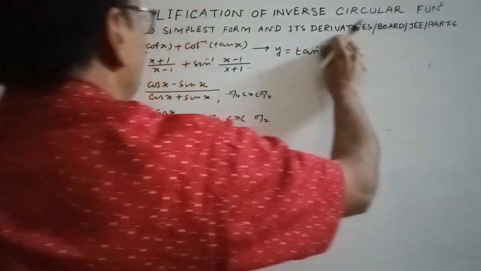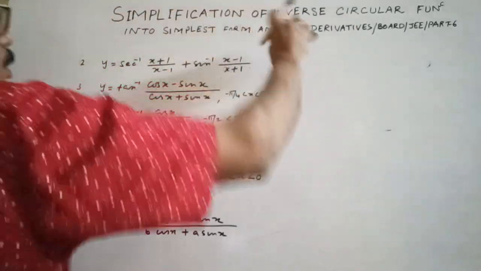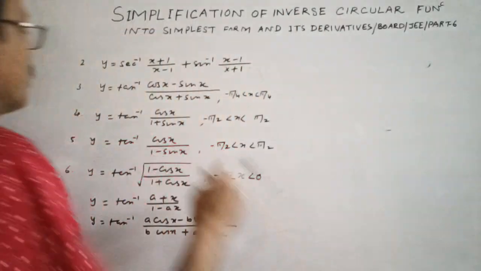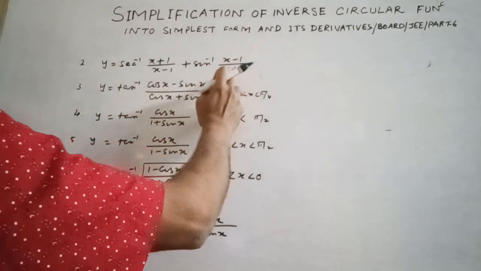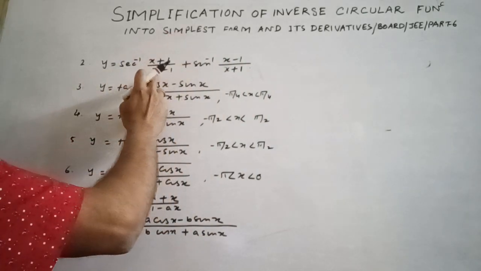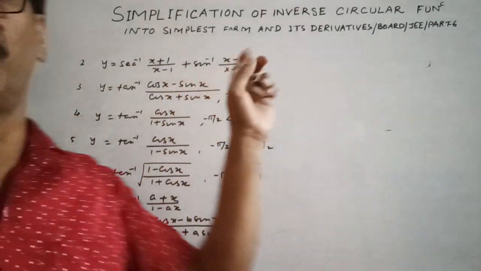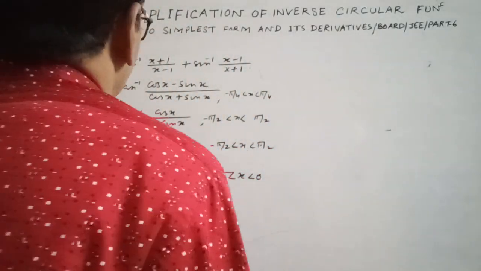Now second one also, look, this is sec inverse. Here argument is x plus 1 by x minus 1. That is reciprocal of it.